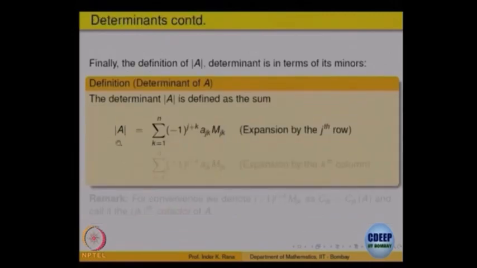Okay. So, in terms of minors, this is how we define determinant. Determinant of an n cross n matrix is the sum of minus 1 to the power j plus k, times the entry a j k, into the determinant of the corresponding minor, removing those row and column. This is expansion by the jth row. Is it okay?